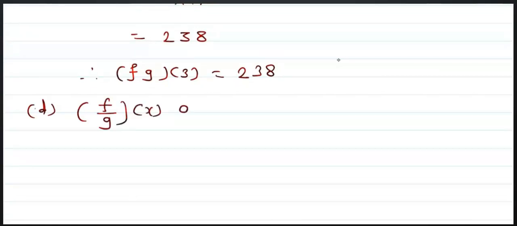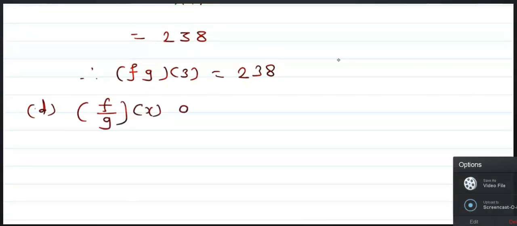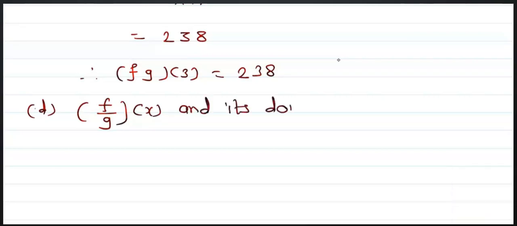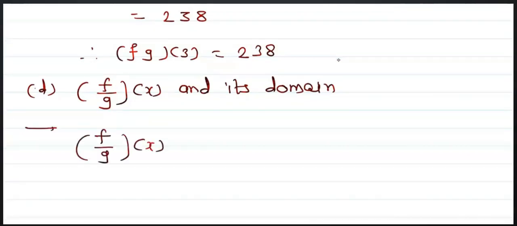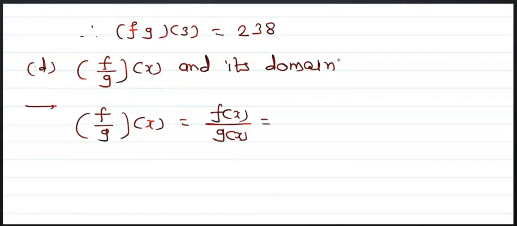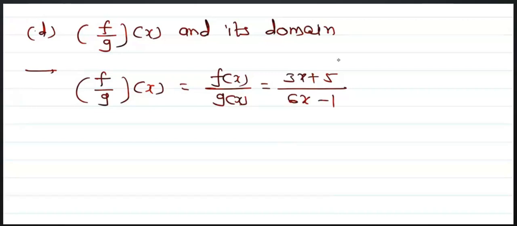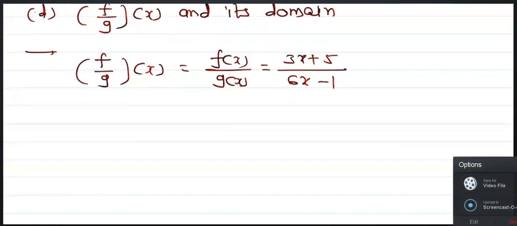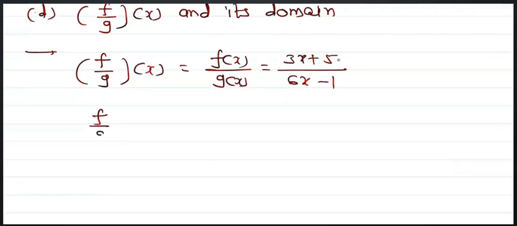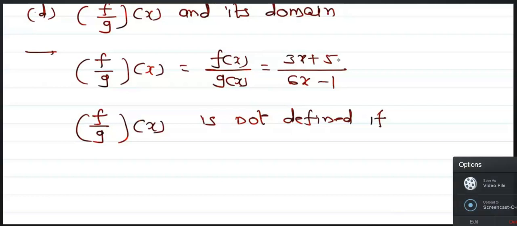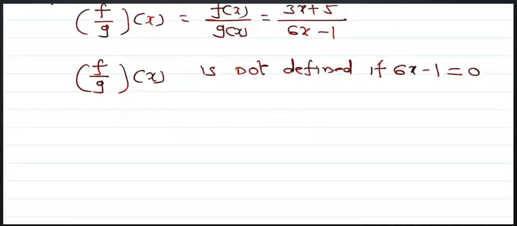Now next is their fraction, that is f upon g of x, and its domain. Now f upon g of x is equal to f of x upon g of x, that is 3x plus 5 upon 6x minus 1. (f upon g)(x) is not defined when x is equal to 1 upon 6, because the denominator should not be 0.